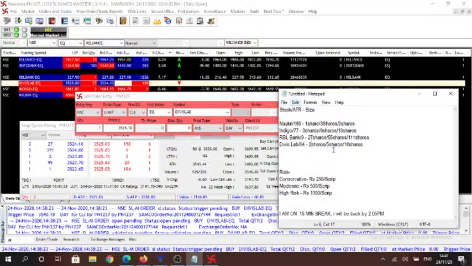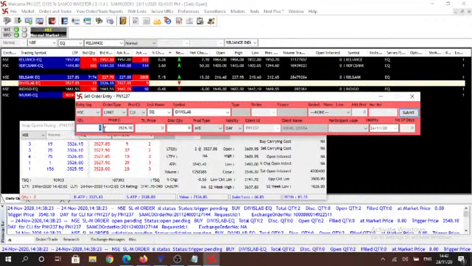We wanted to short 5 shares. So we shorted 2, and now we'll add 3 more shares at 3527.5. Sorry, 38.